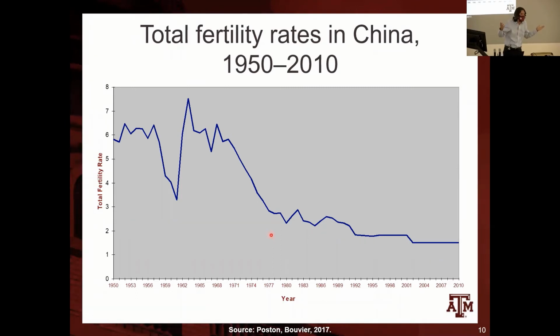And although we call it the one-child policy, or it was formally called the one-child policy, in 2015 you see that the total fertility rate, even in 2010, did not reach the level of 1. It was still above 1.